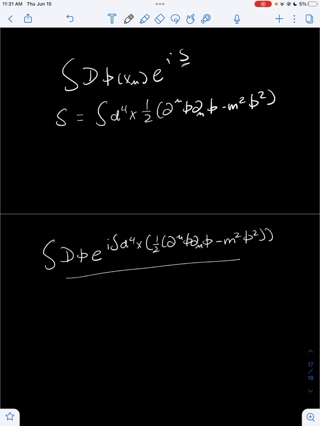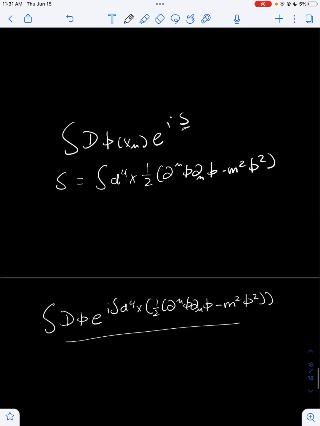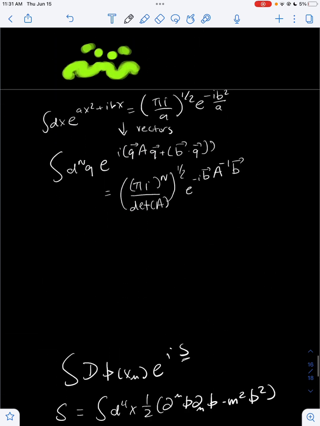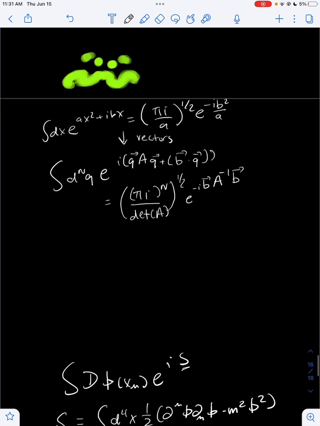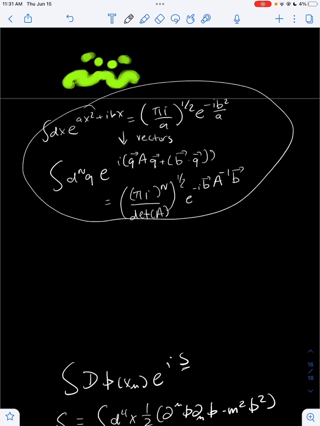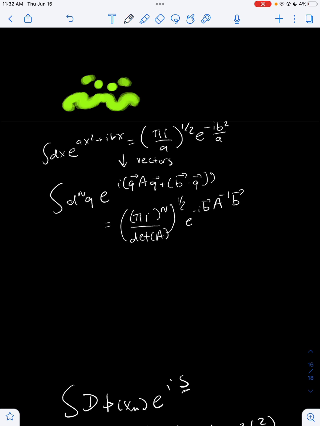What we can do to solve this field integral is use this thing over here that we talked about in the last video. Before, we said that A was a matrix, and in this case B would be a vector, since we want this to be a scalar.